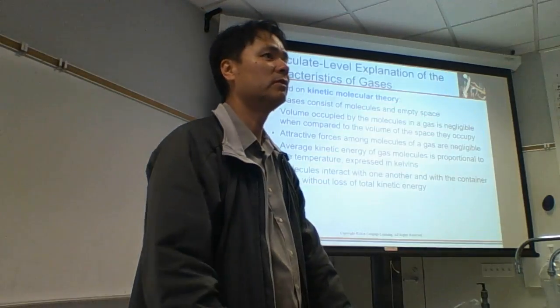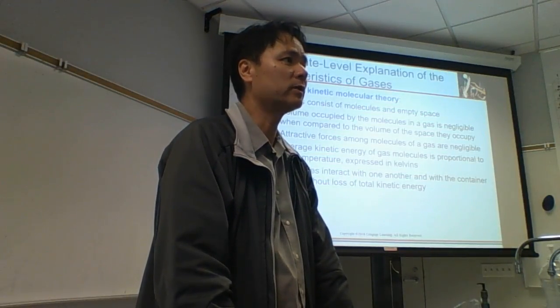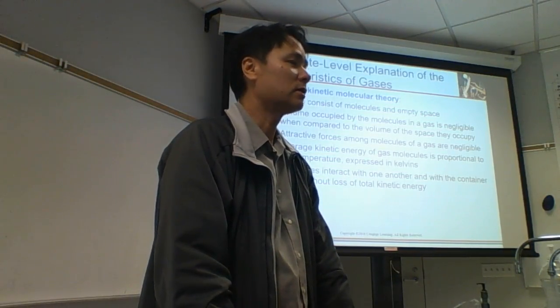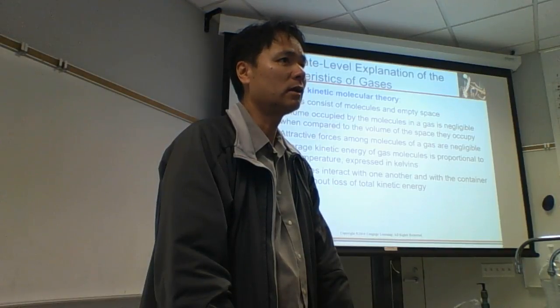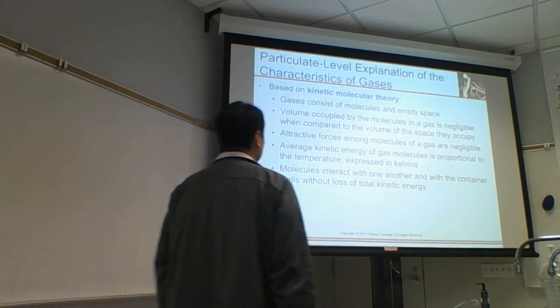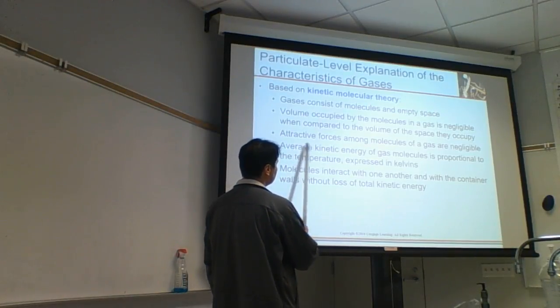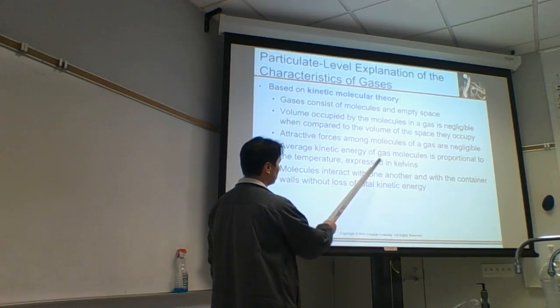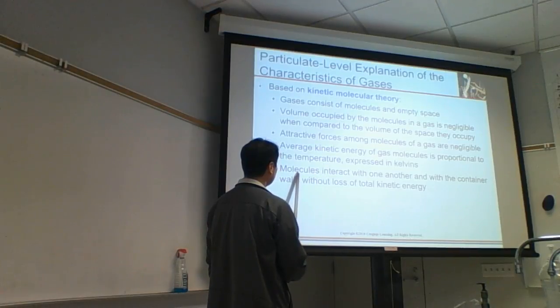When the atoms stop moving, that's the coldest temperature we can achieve, and that temperature is called absolute zero, the coldest temperature. And so this is just saying that temperature and motion are related.